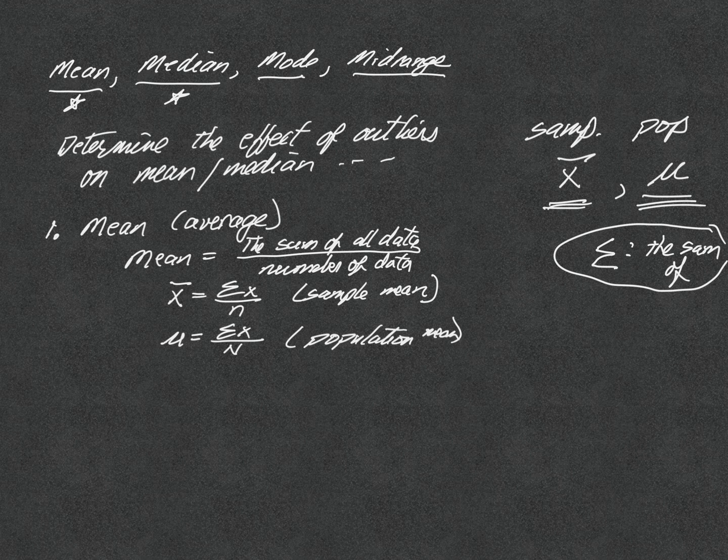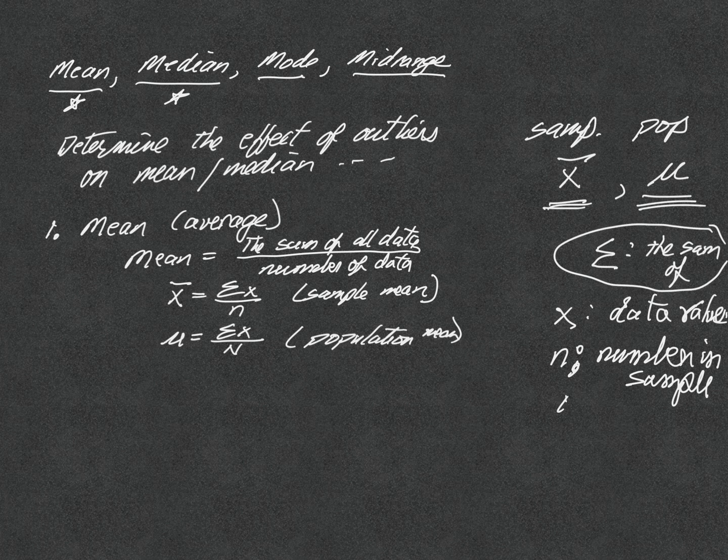The x's, the individual x's, those are data values from whatever data set we are working on, okay? And then n is the number in the sample, whereas capital N is the number in the population.